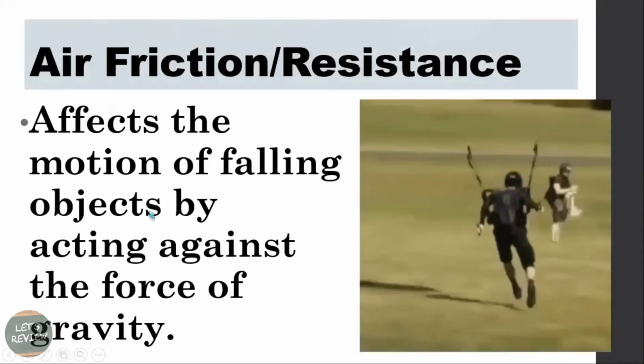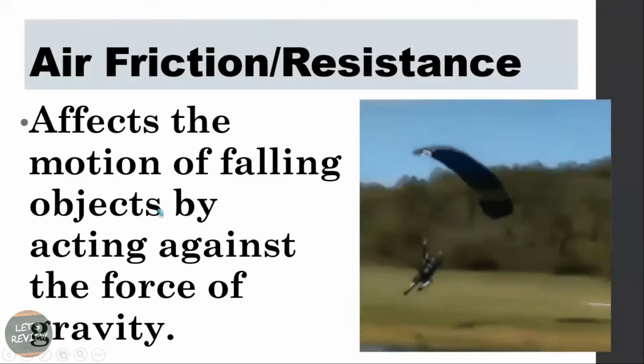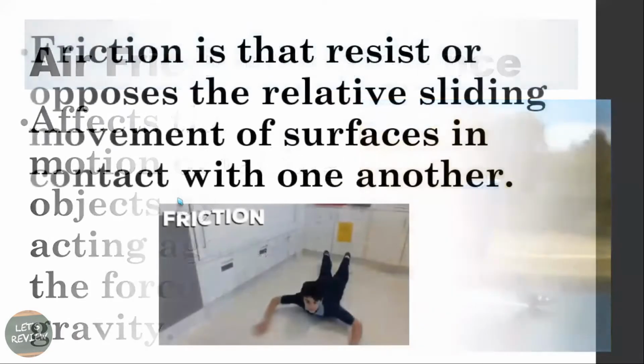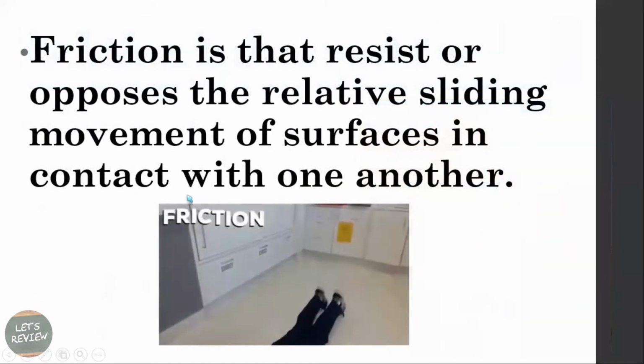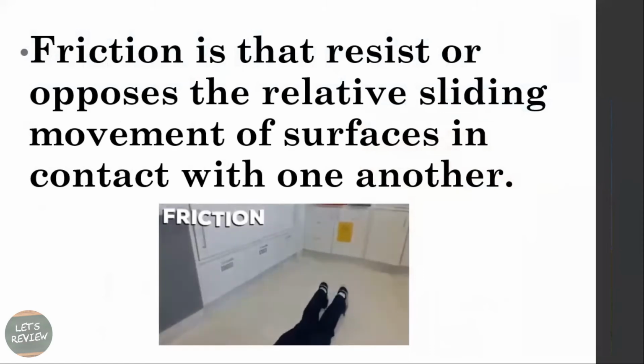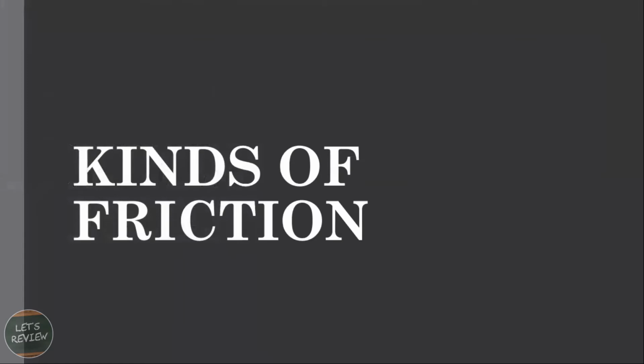It affects the motion of falling objects by acting against the force of gravity. Friction is a force that opposes the relative sliding movement of surfaces in contact with one another. Remember that it is the one that opposes the sliding movement.